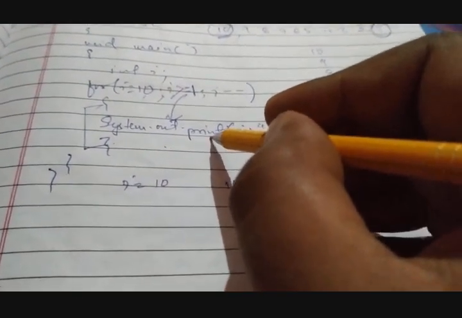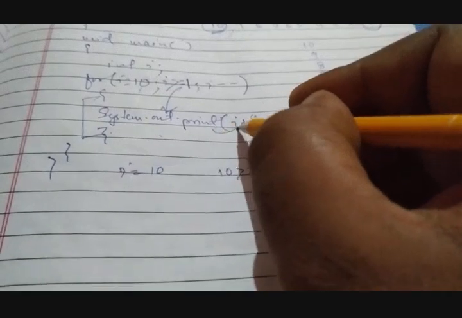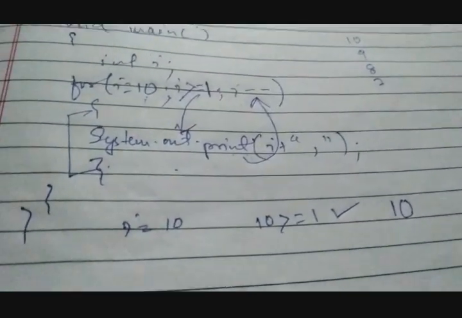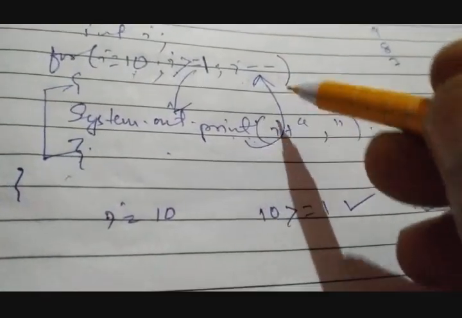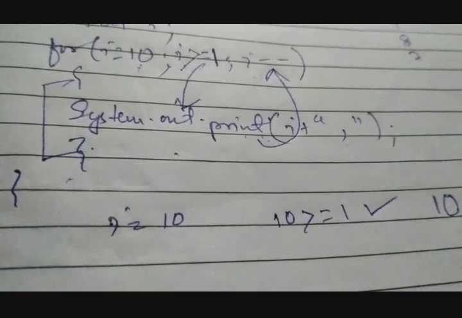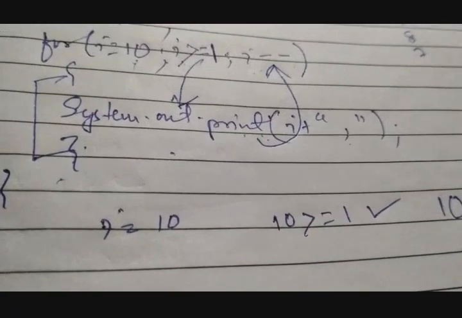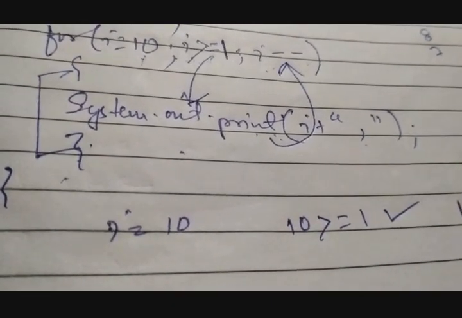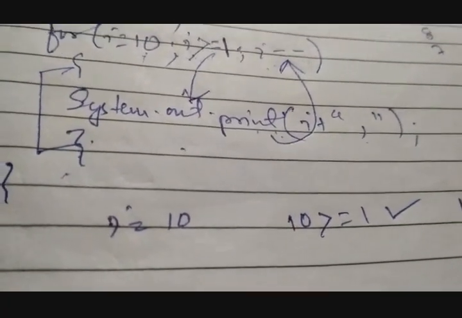So from here it goes to the decrement. Before coming out of the loop, it gets decremented, because the condition has not become false. Until and unless the condition becomes false, it doesn't come out of the loop.